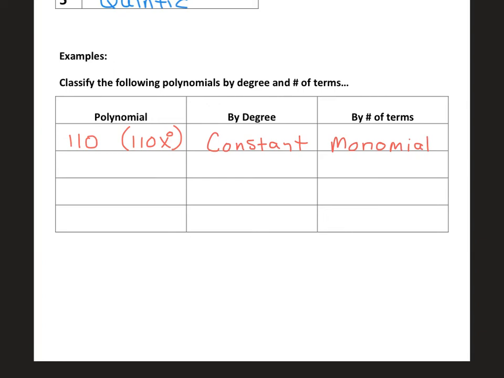Taking a look at something linear, we could say x plus 5. Really, that's x to the 1 plus 5. We just don't write that power. As we've said above, a degree of 1, we would classify that as linear. We have 2 terms here, the x and the 5 being combined, so this is a binomial.